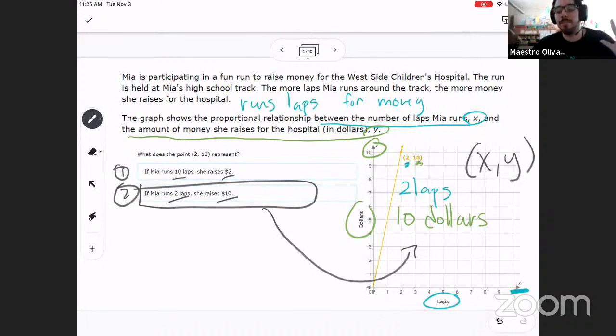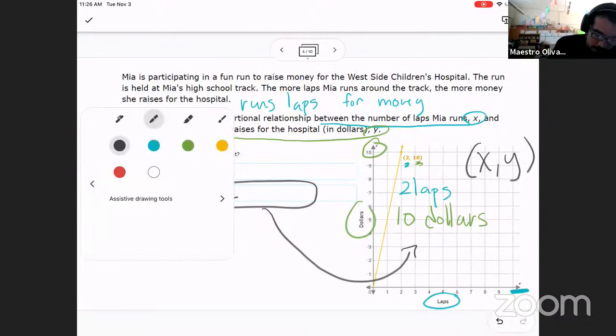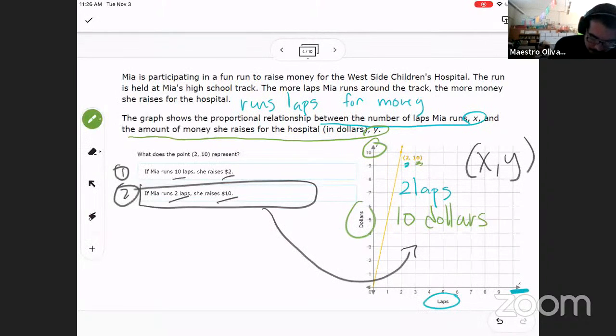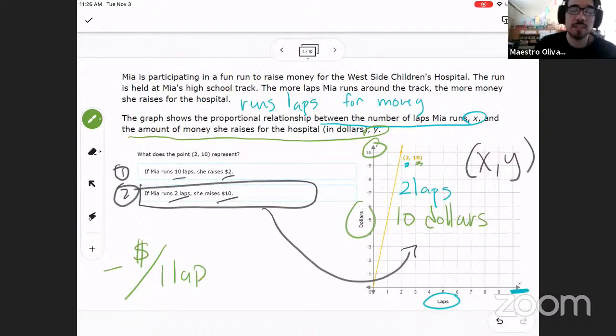If she runs 2 laps, she gets $10. Beautiful. Now, if you want to get a positive message sent home, can somebody tell me and explain how many dollars she gets for 1 lap? How much is she making per lap? $5.